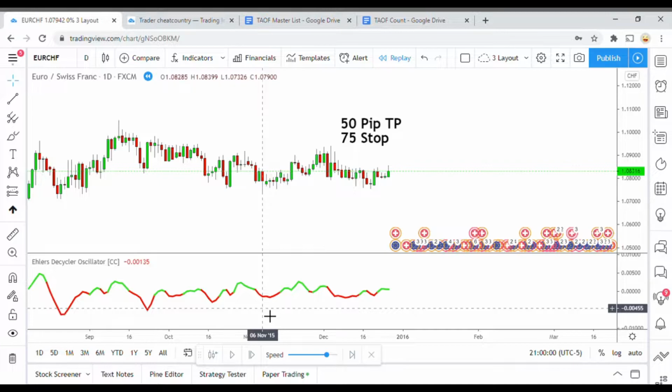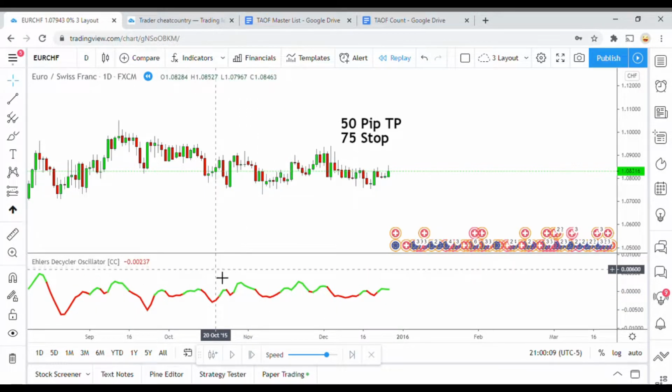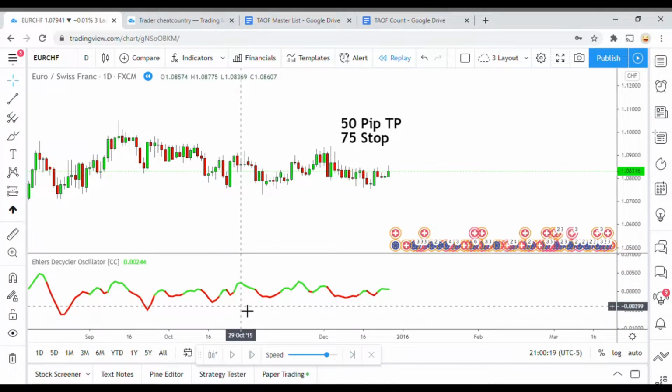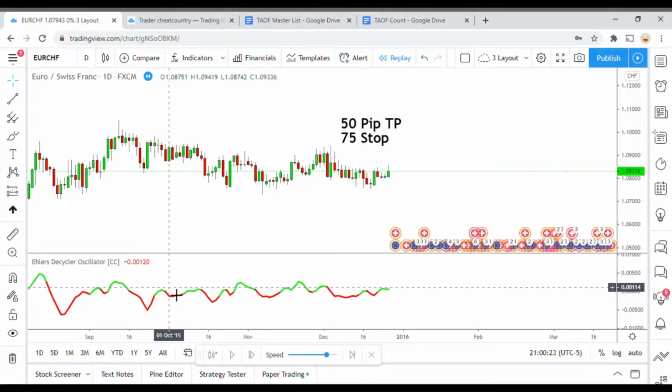Now, we've seen this in a few other indicators where sometimes the indicator is meant to be traded where the oscillating line, say, is above zero, and we are only looking for long trades when it is above zero. Same in reverse, when it's below zero, we're only looking for short trades.